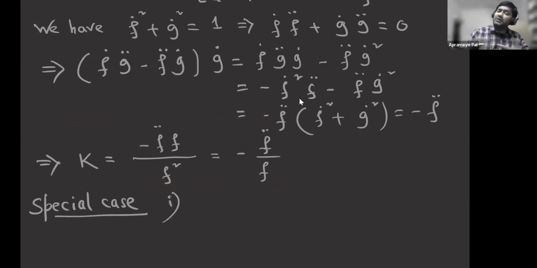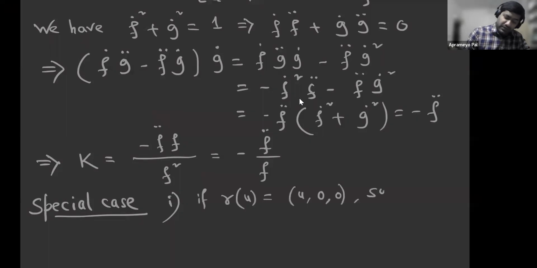First we will consider a plane. Let's consider the xy plane, for example. If you take the curve gamma as (u, 0, 0), then the surface of revolution associated to this is the xy plane.